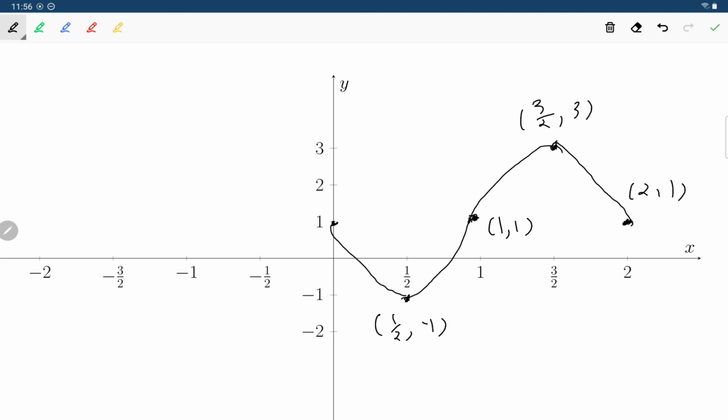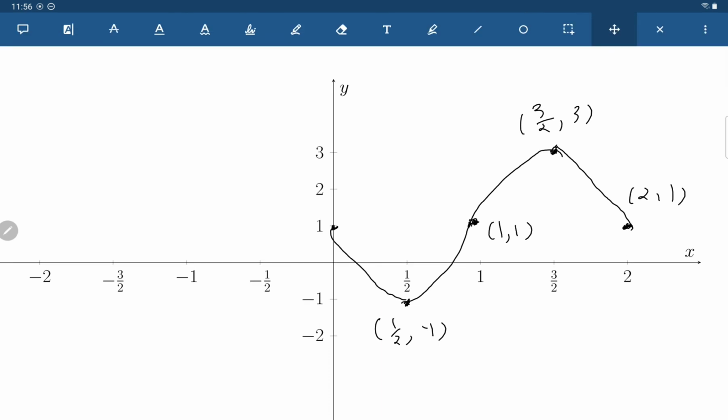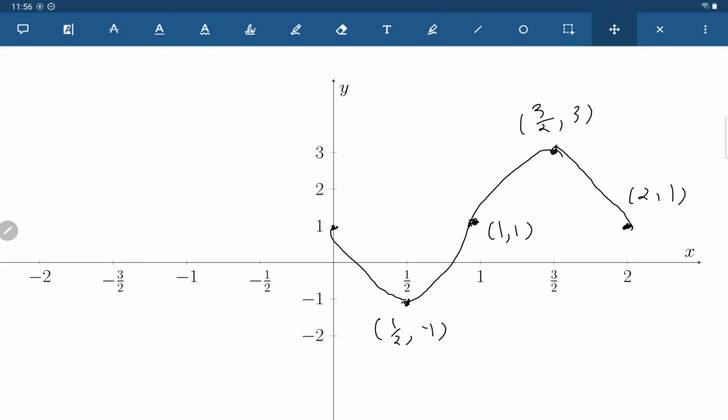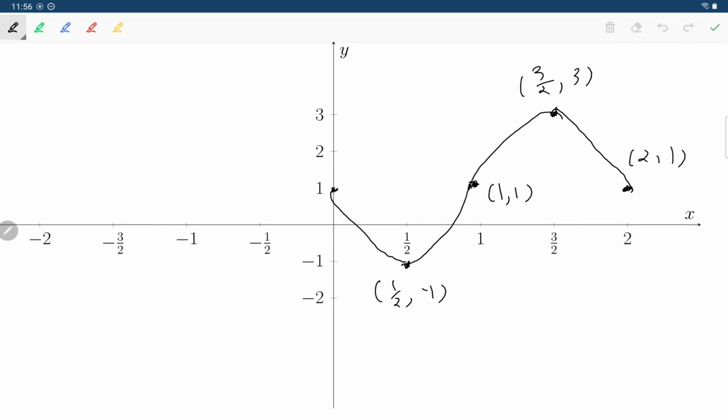And we're just going to repeat this pattern on the other side. So from this point (0, 1), I'm just going to draw that a little bit better. There we go. So we're going to start with a y value of 3, then back to a y value of 1, then back to a y value of -1, and then back to a y value of 1.